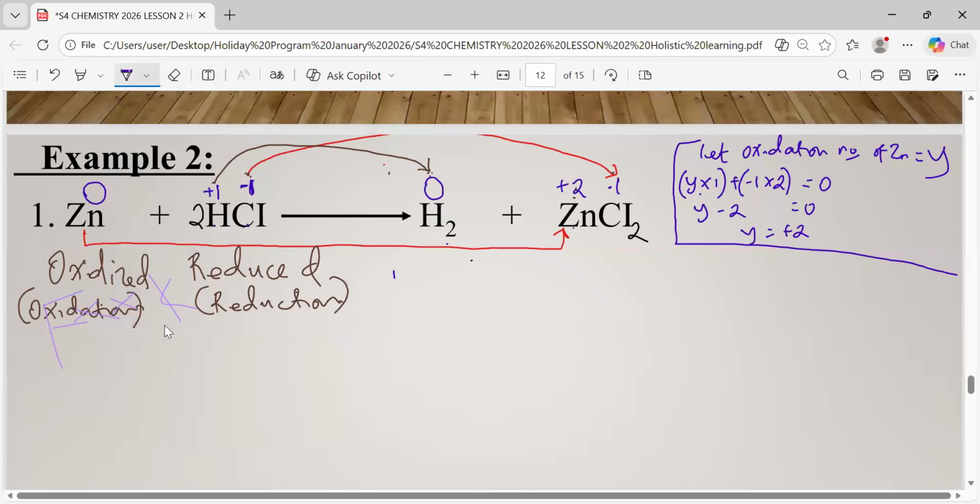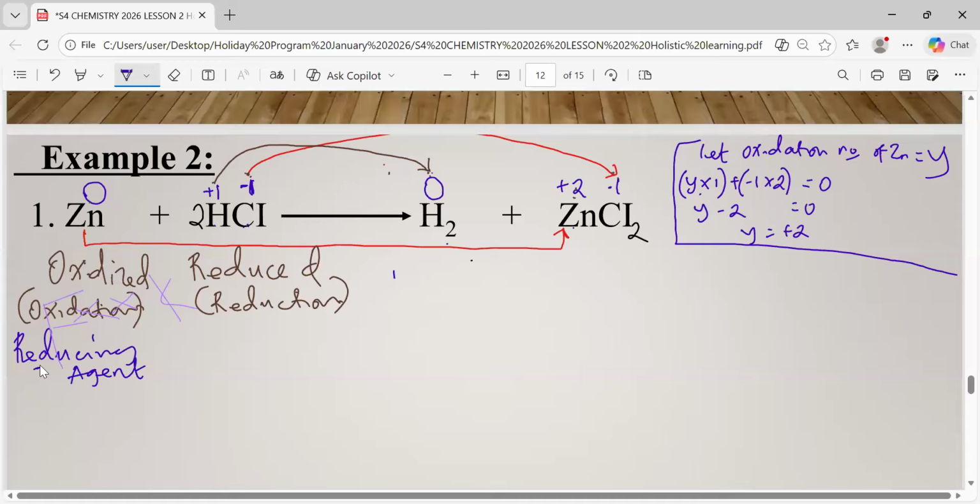Now, which one is a reducing agent and which one is an oxidizing agent among the two? I think zinc is a reducing agent because it uses the hydrogen ions to become oxidized, or to cause them to become reduced.